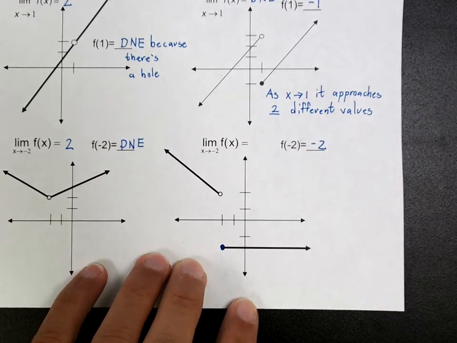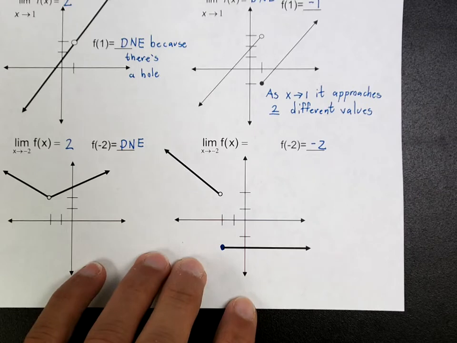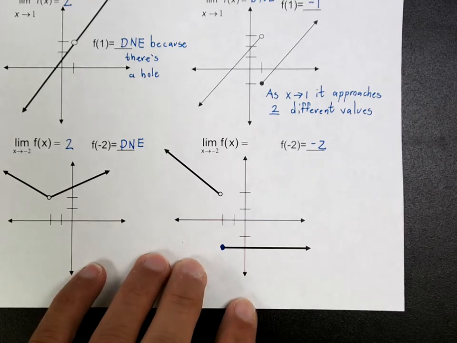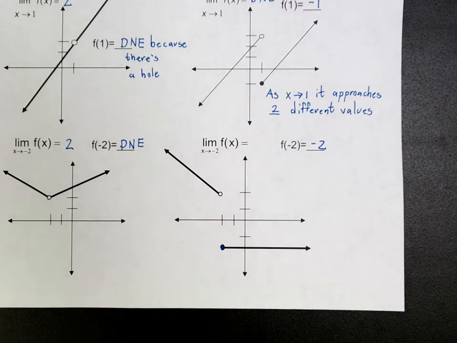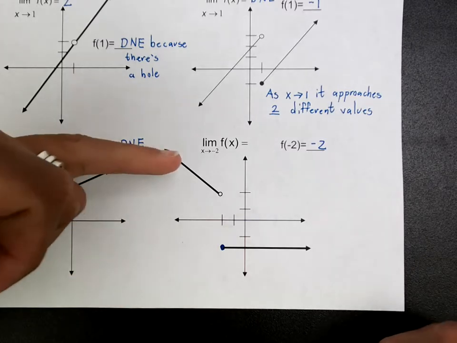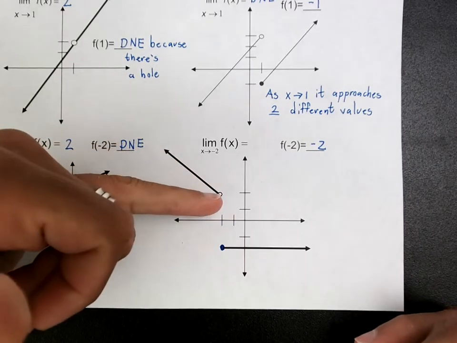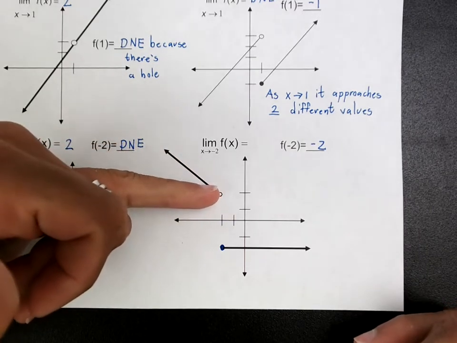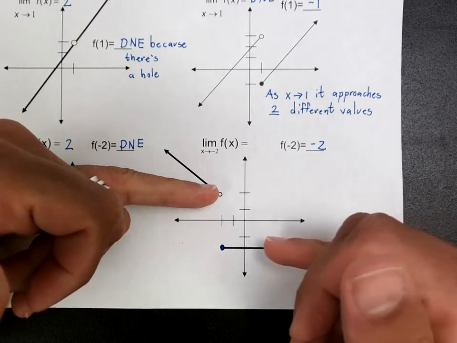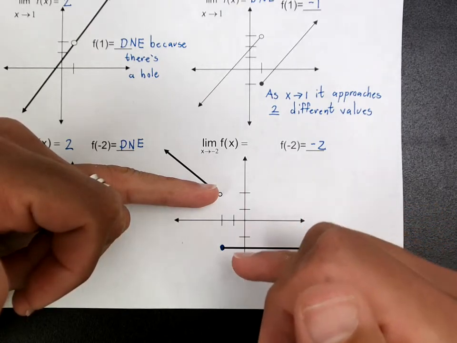But on the limit as x approaches negative 2, excuse me, I did not know there was going to be a bell there. It's early in the morning. As x approaches negative 2 from the left, I'm approaching the y value 2, and as I'm approaching from the right, I'm approaching the y value negative 2.